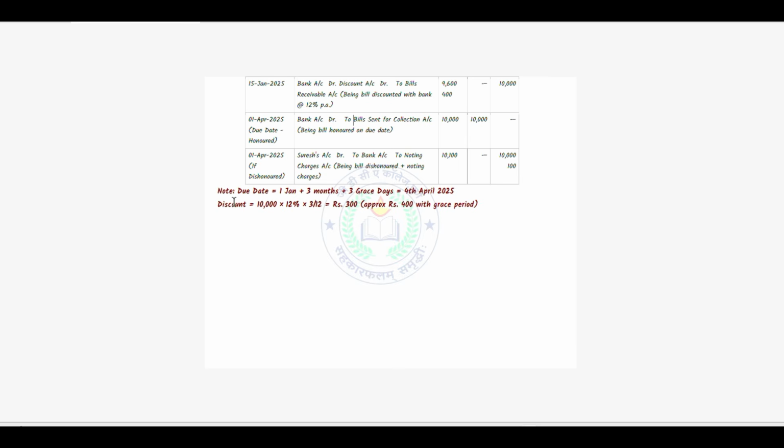Note the due date: 1st January plus 3 months plus 3 days grace period, that is 4th April 2025. Discount: 10,000 into 12%, and it is asked for 3 months, so 3 by 12, and that is approximately 300 rupees, so approximately 400 with the grace period.